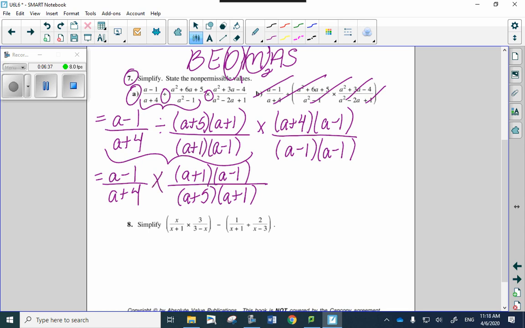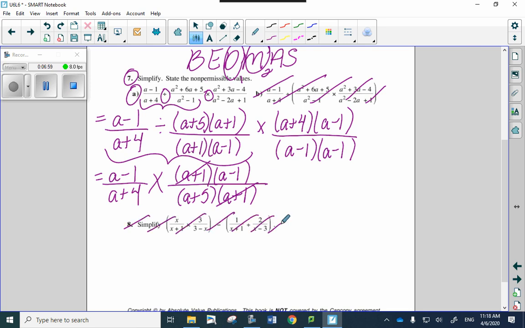So now I can simply multiply, and I'm going to leave this third fraction until the end where I bring it back in. When I go to multiply, I see that I have an a plus 1 on the top and a plus 1 on the bottom. Do I see anything else that I can cancel out? I can't, so I'm just going to leave it at that.